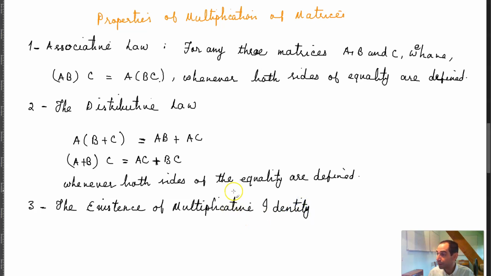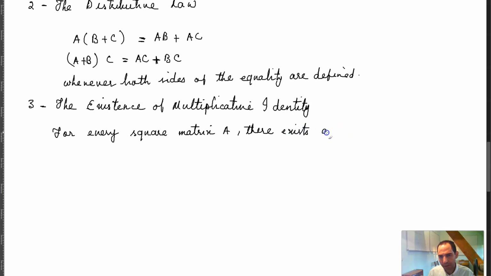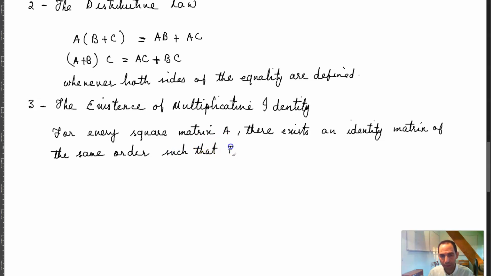For every square matrix A, there exists an identity matrix of the same order such that IA, the identity matrix, of course, we have probably talked about this.